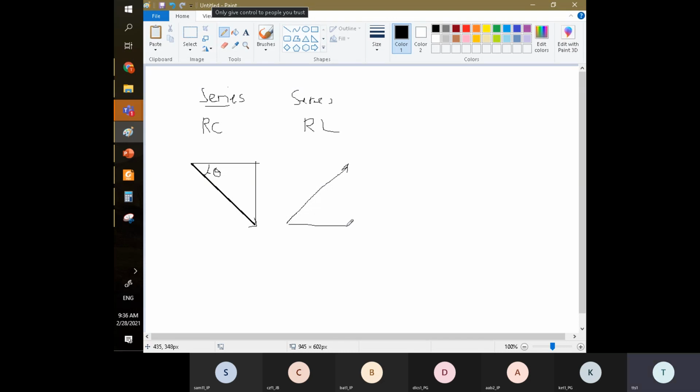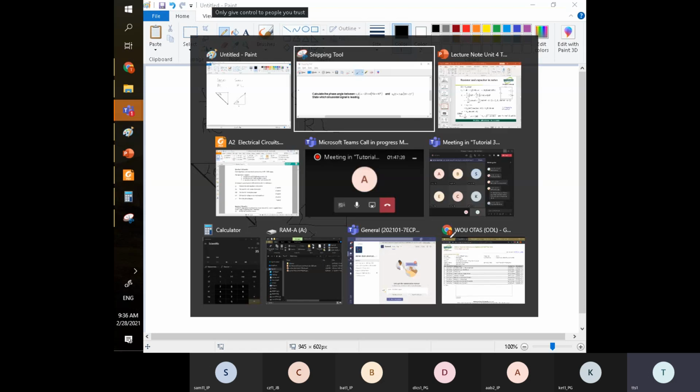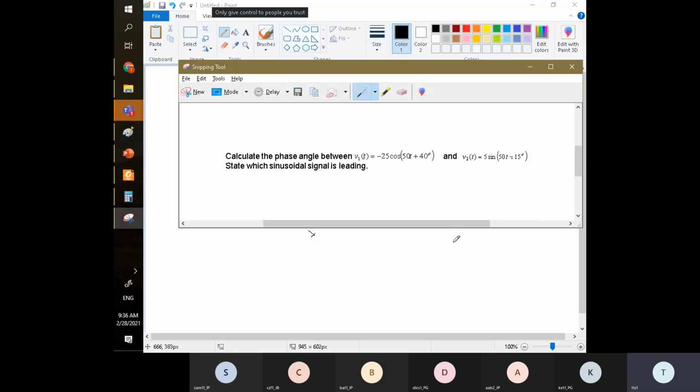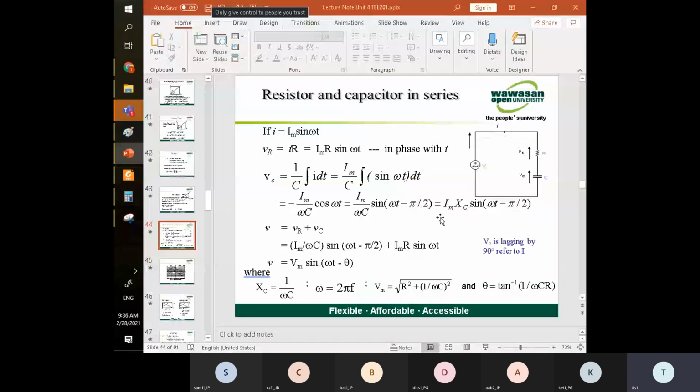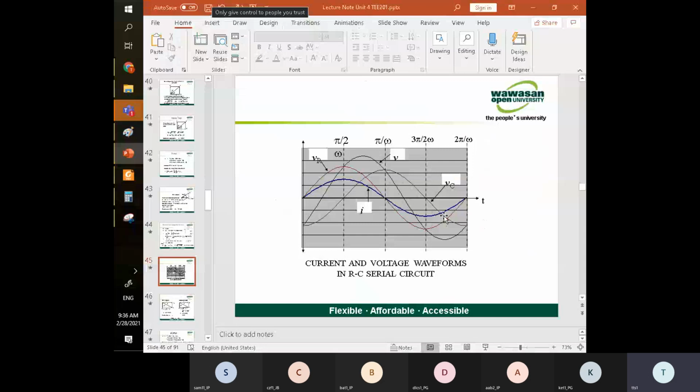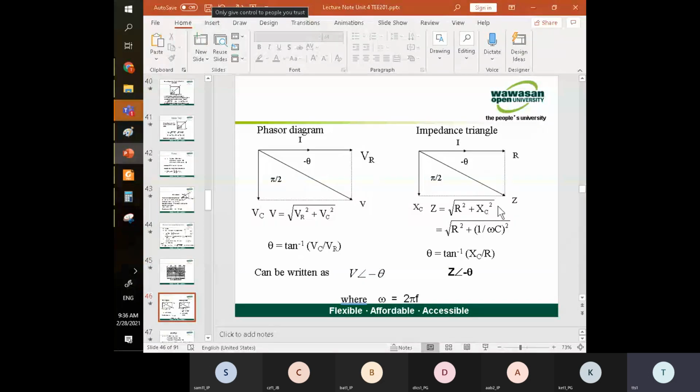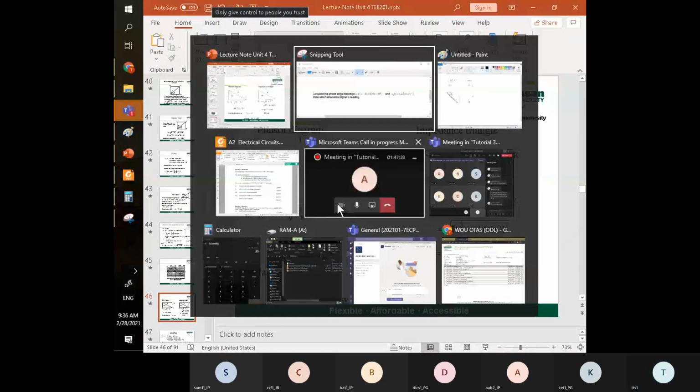This is real, this is imaginary, X and Y. And then this is the angle. I'm referring to the phasor here. The impedance phasor.